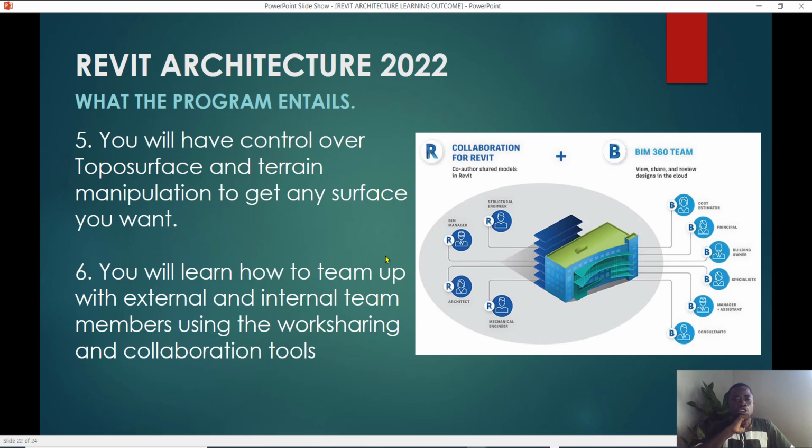You have control over your topo surface, okay, about the terrain. If your site is not flat and it has some undulation, you'll be able to model it there, because the topo surface feature of Revit is such that one is able to manipulate it to get the required surface that you have.